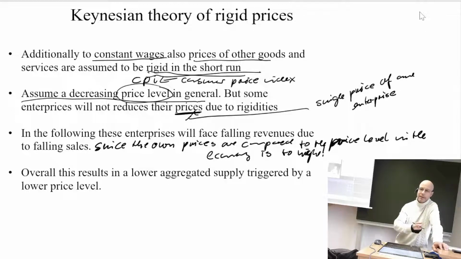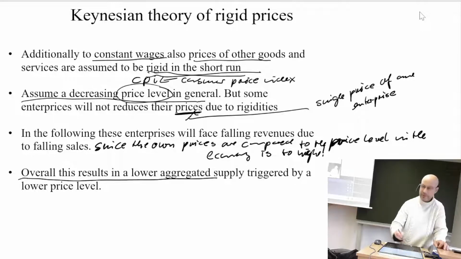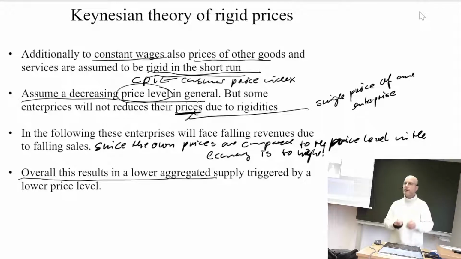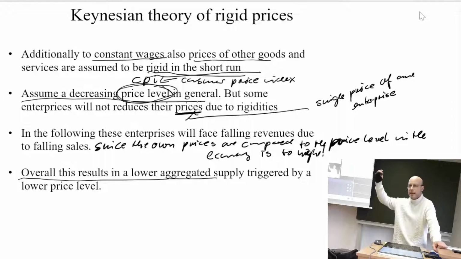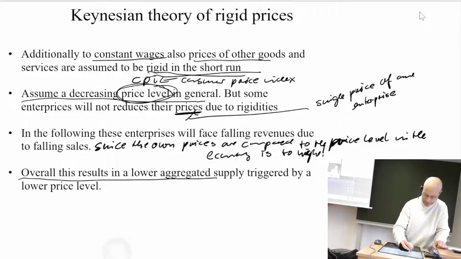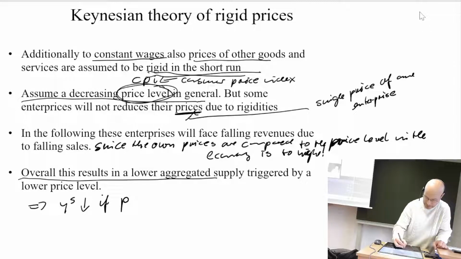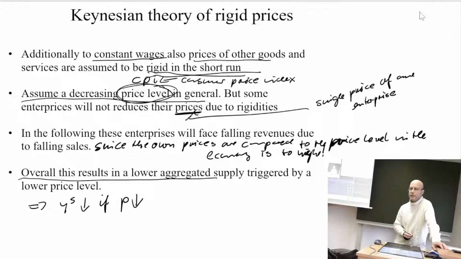And then again, going to the aggregate variable of total output, this would then mean that if the price level in my economy is falling, that in general also I can assume that the total production is falling. Then again, Ys is falling if prices are falling.